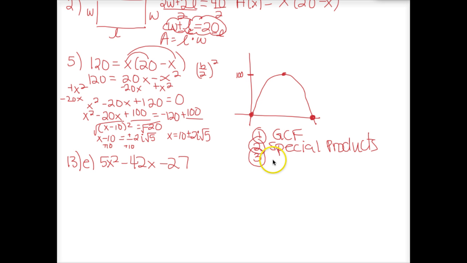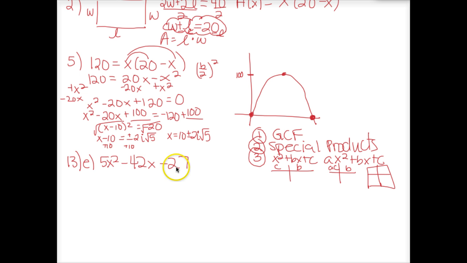Then, either x squared plus bx plus c or ax squared plus bx plus c is what will be left if it's not GCF or special products. These ones, you just do what multiplies to c and adds to b. Here, you have to do either the box or split the middle because it's what multiplies to a times c and adds to b. So this is the process you should be following.